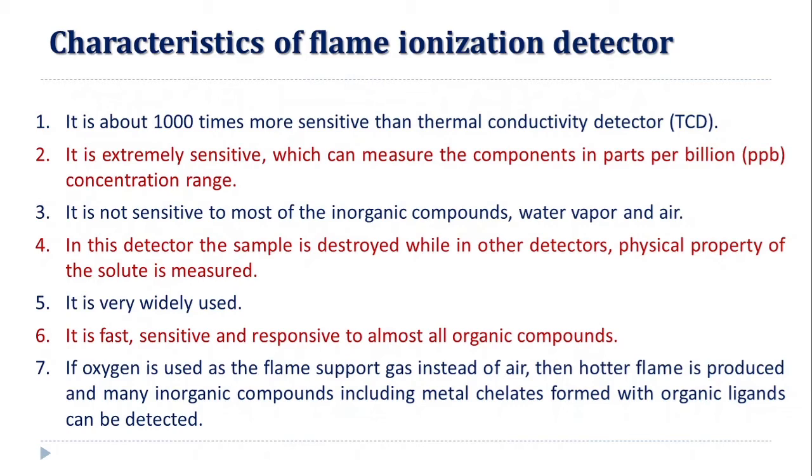In that case, inorganic compounds form metal chelates with organic ligands, and those can be detected. Metal chelates means metal ions along with organic ligands. That can be detected by this flame ionization detector only if we use oxygen instead of air, because air contains only 20% oxygen. We have to use 100% oxygen.